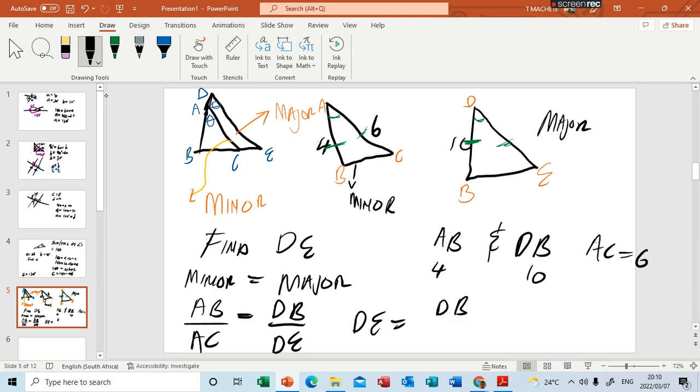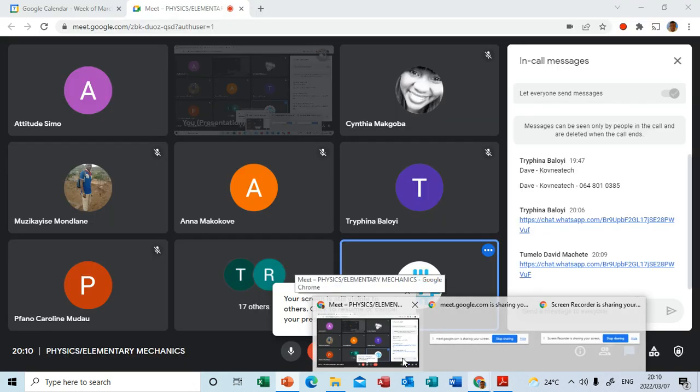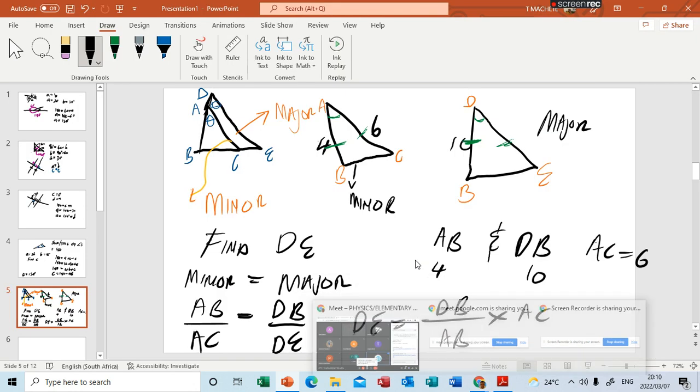You're gonna say DB over AB multiplied by AC. That's what you do. I hope everyone remembers how to do the cross multiplication.